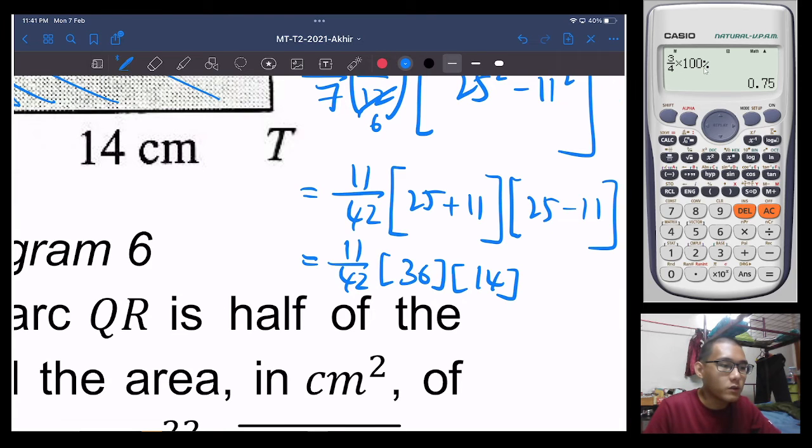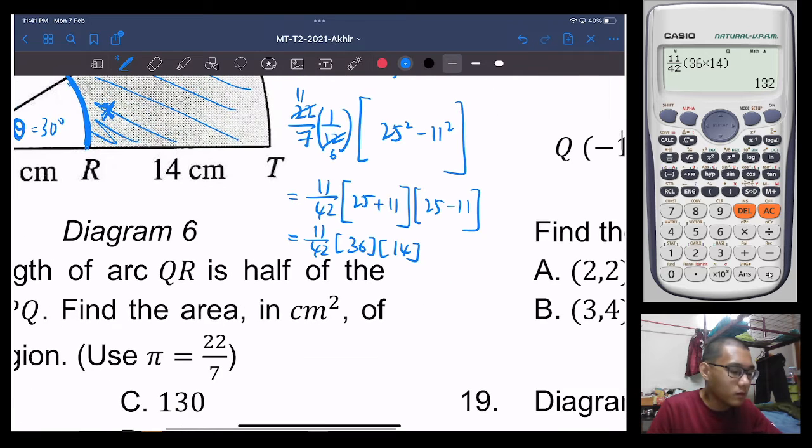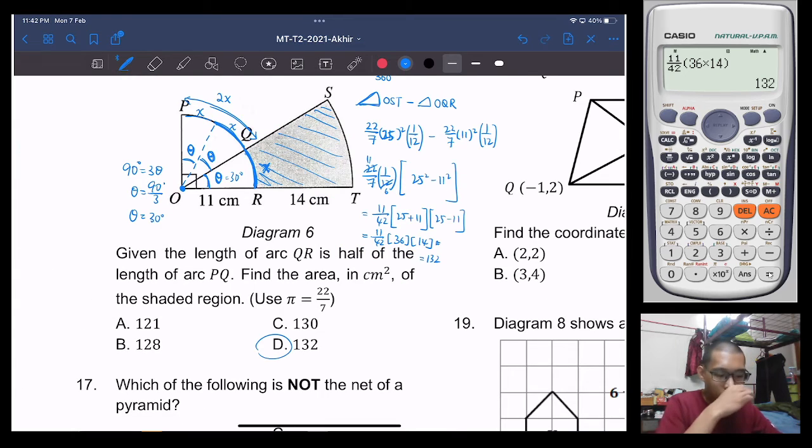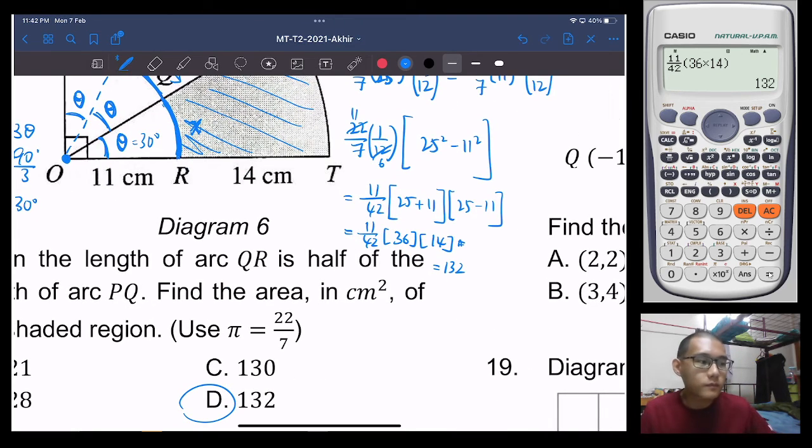So 11 over 42, times 36 times 14. Oh, it's a whole number, 132. Okay, answer 132. Yeah, correct. Done. So this one you can solve like this.